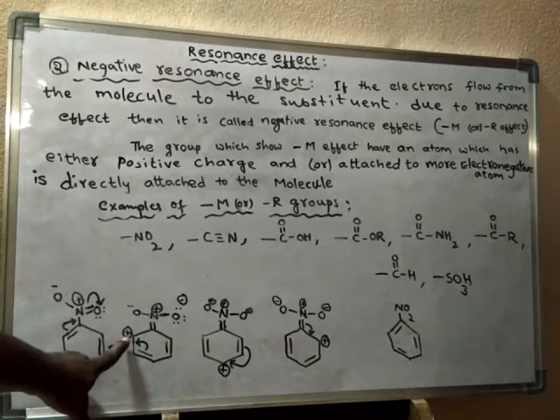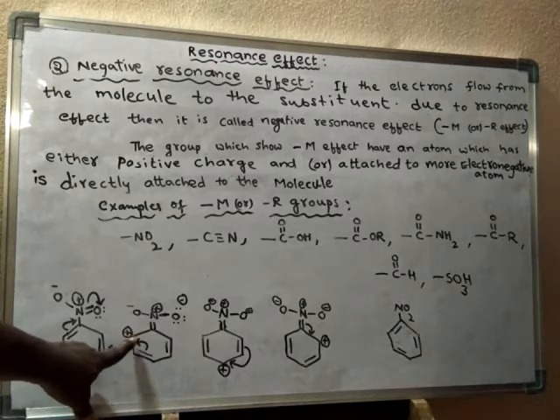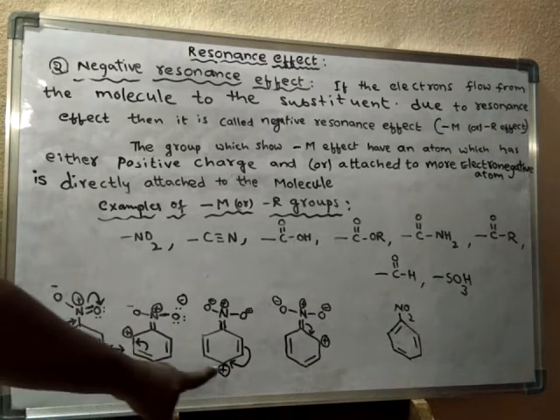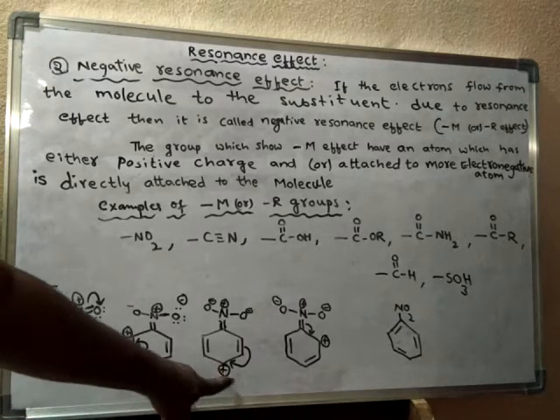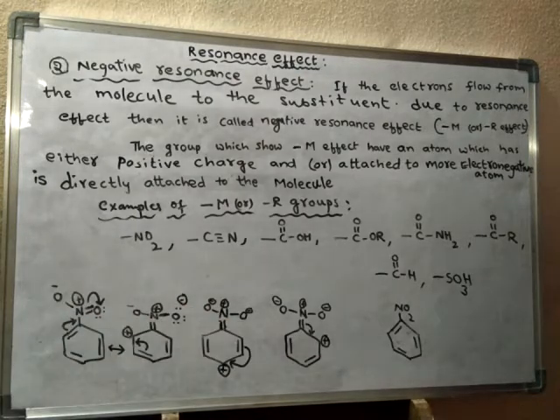See, this positive charge is shared by this nitrogen, this carbon and this carbon, and even by this carbon also. So that means the charge is shared by more than one atom. Whenever the charge is shared by more than one atom, what happens? The effect of charge will decrease.